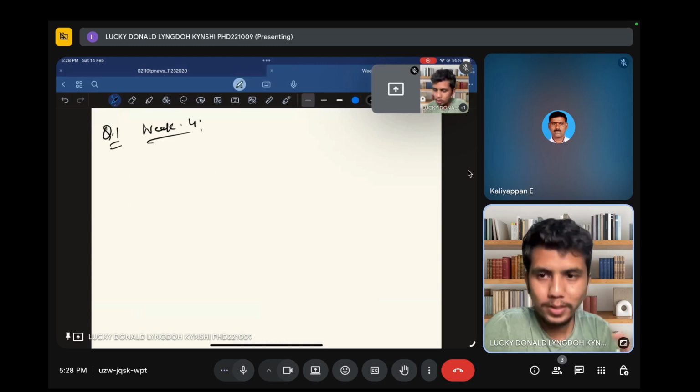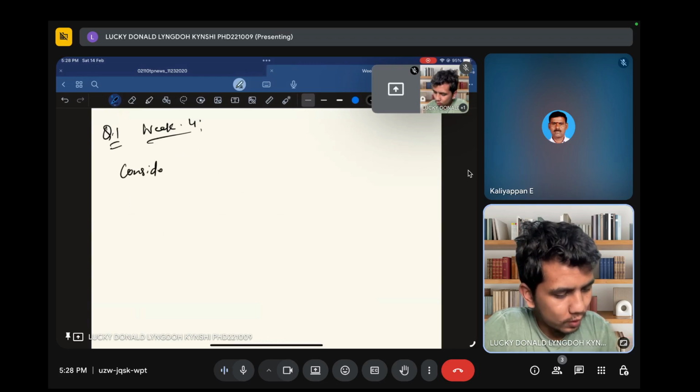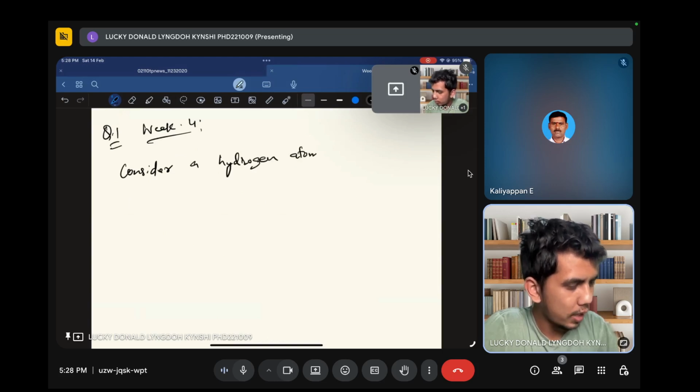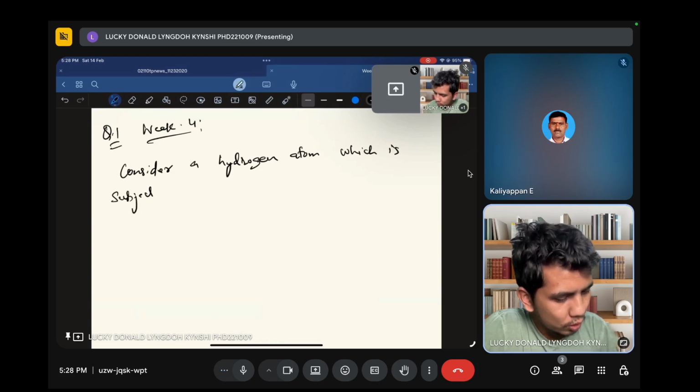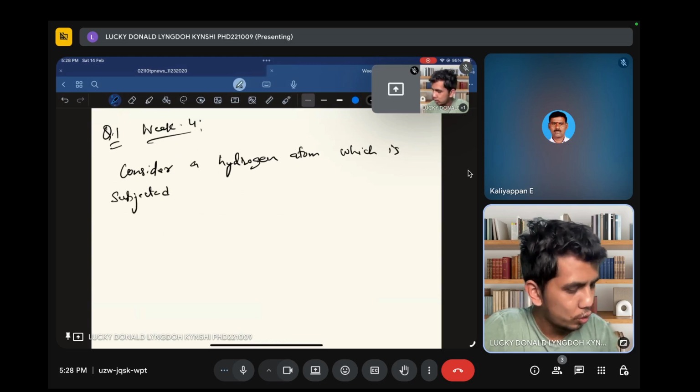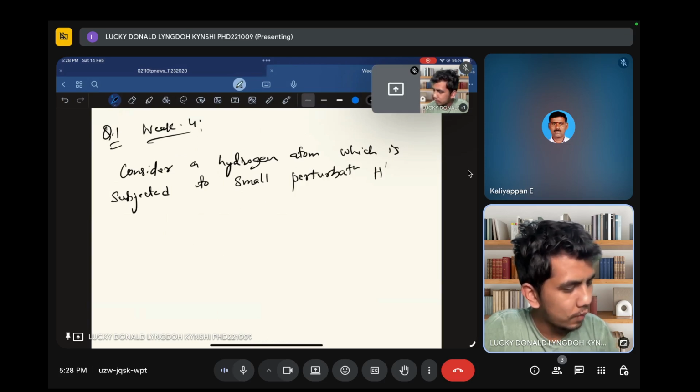So question number 1, week 4, it says: consider a hydrogen atom which is subjected to small perturbation. Again, here also you are encountering the word perturbation. H prime is given as lambda r square.